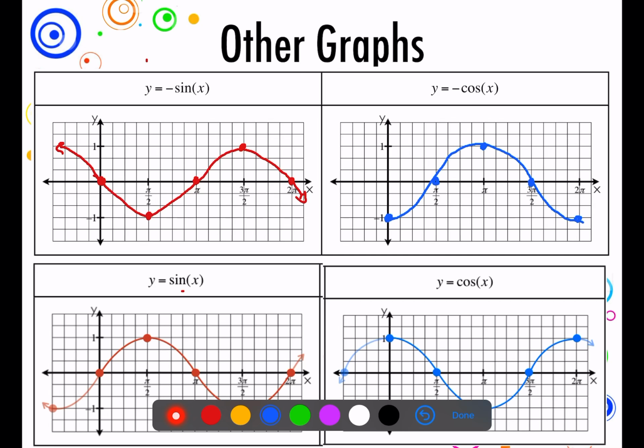So here's my kind of rough sketch of negative cosine. All right, so that's going to be the end of this video, and we're going to look at how you would use this information to do the problems in this day's lesson.